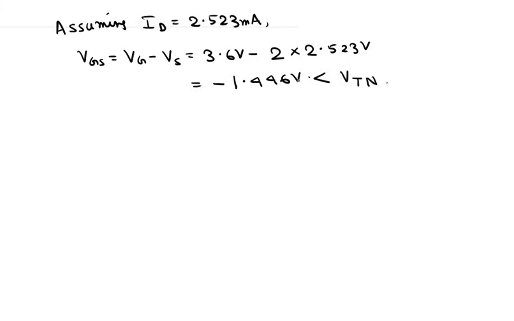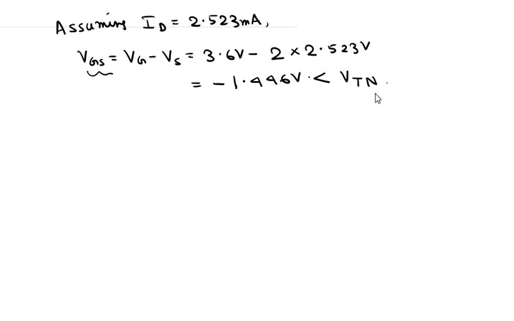So it is evident that if we have this value of ID, then the gate to source voltage is less than the threshold voltage of operation for the N-channel MOSFET. So ID equal to 2.523 milliamperes might be a mathematical solution, but it is not a physical solution, because if ID is 2.523 milliamperes, then VGS is minus 1.446 volts, which is less than the threshold voltage VTN of 0.8 volts.